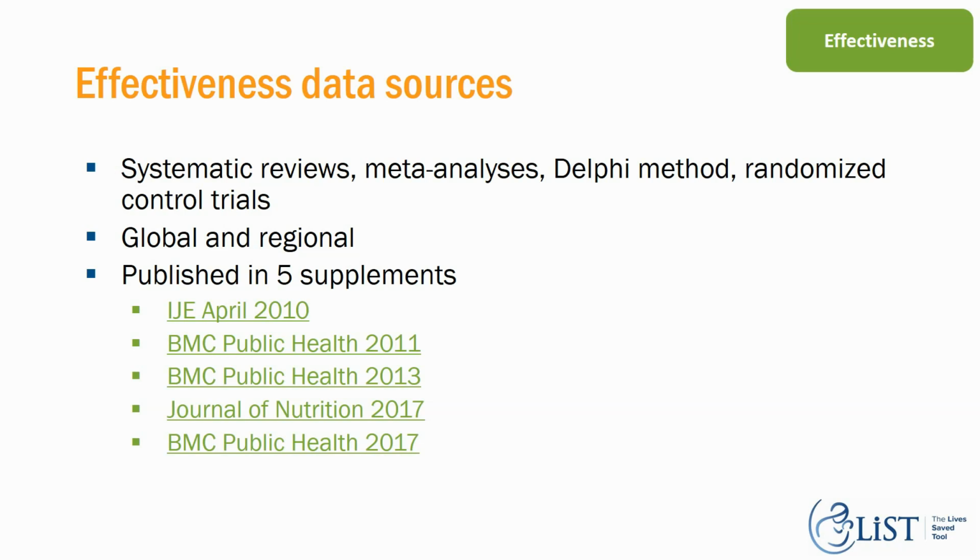All of this data is available and easy to access within the software, so you can always refer back to the study if you have additional questions. Or if you want to take a look at a compiled list of some of these studies that we pulled these numbers from, you have a list here of different supplements that have come out in different journals that have this data available in them.